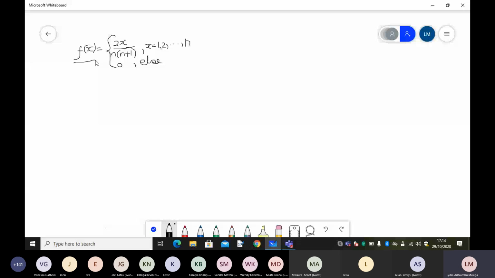There are some properties we looked at when we were describing what a PMF is and what a PDF is. And we said that for a PMF, if we sum over the whole sample space, then we should get 1.